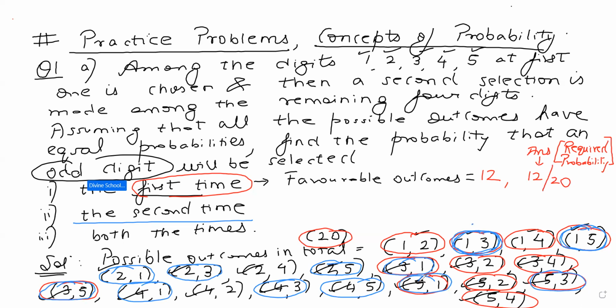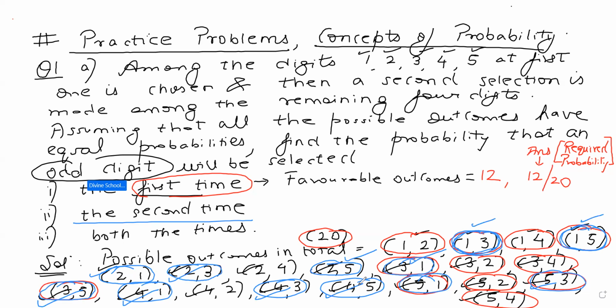How many are there? 1, 2, 3, up to 11. I hope we have not missed out on any case, so let's check it again.